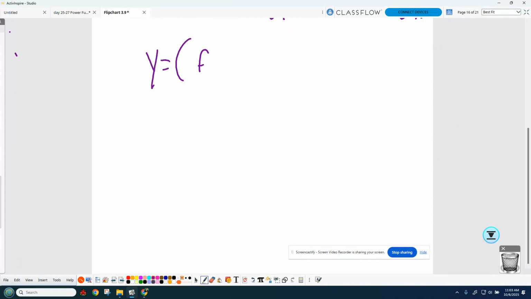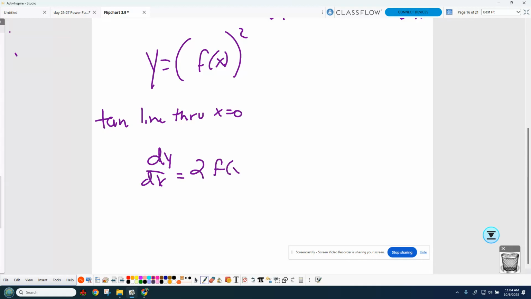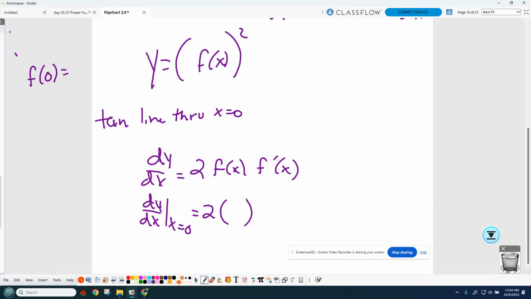First period asked about this one, when it asked for the tangent line through 0. Well, the derivative: multiply by the power, lower the power, and then chain rule. That derivative when x is 0. At the top of the problem, which was granted 2 parts away, it said f of 0 equals 3.